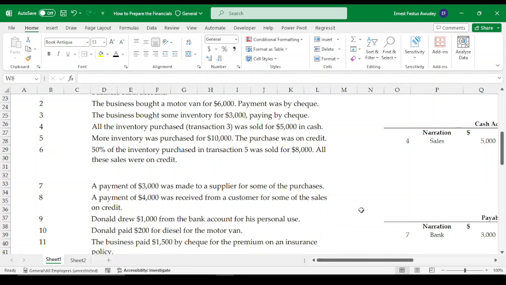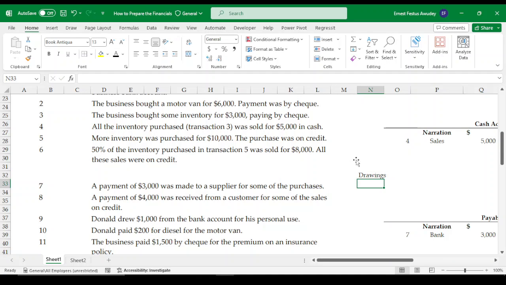Okay, so this is another transaction altogether. Donald took or drew 1,000 from the bank account for his personal use. This is what we call in accounting drawings. So let me quickly write that here.